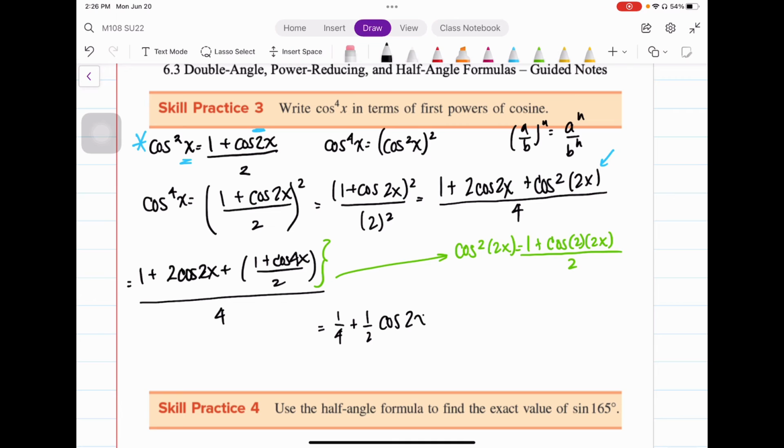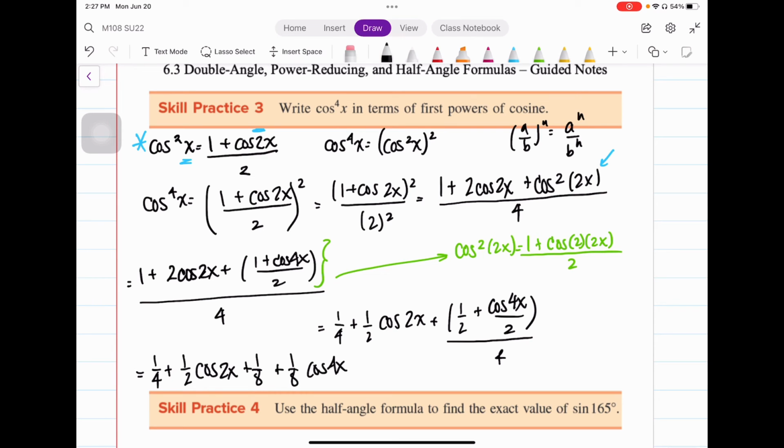Expanding this out, I have 1/4, and then 2 over 4 is a half cosine of 2x, plus this is 1/2 plus cosine 4x over 2 divided by 4 still. That's 1/4 plus 1/2 cosine 2x plus 1/8 plus 1/8 cosine 4x.